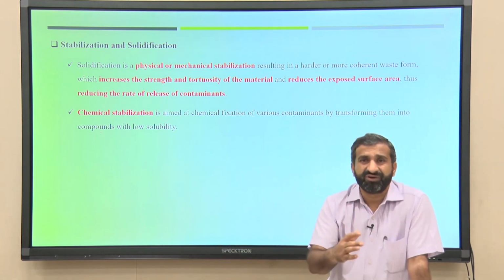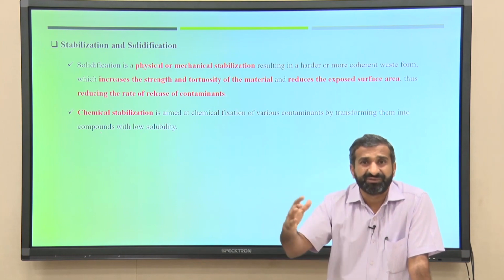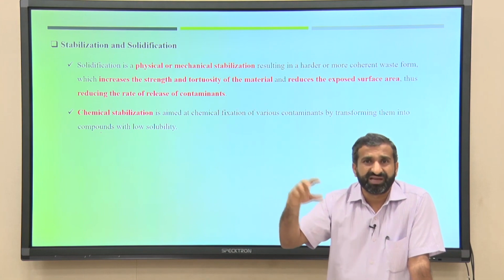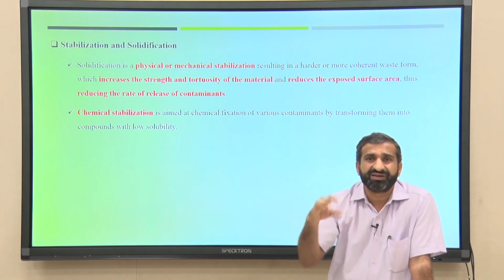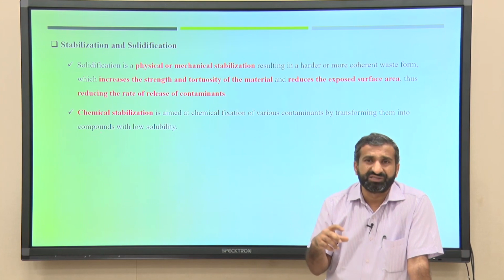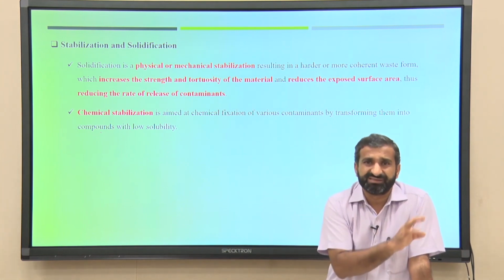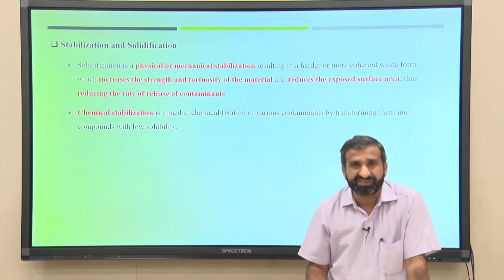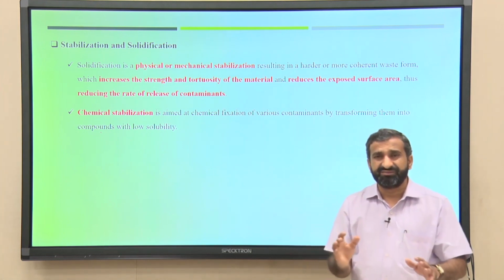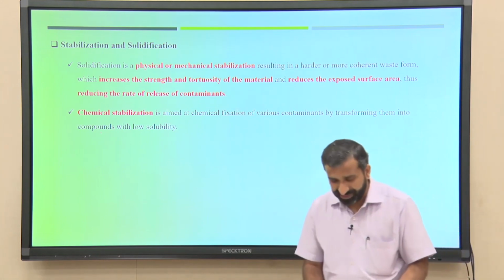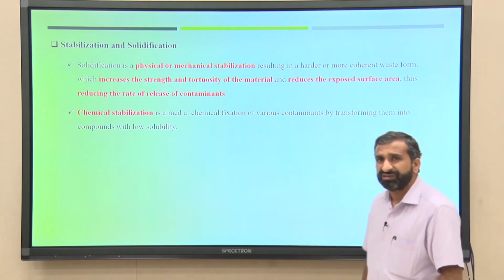If you maintain a high pH of this bottom ash, like 7, 8 or 9, it is very difficult for these metals to leach out. So, that is also one way we can reduce the solubility of these metals from the solid residue.